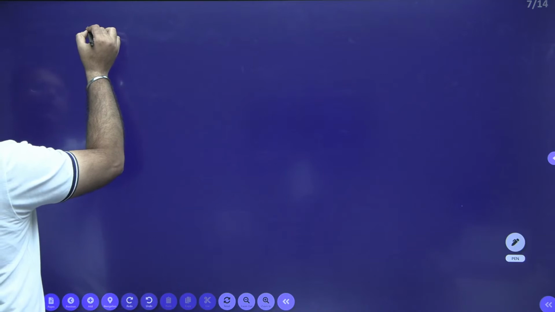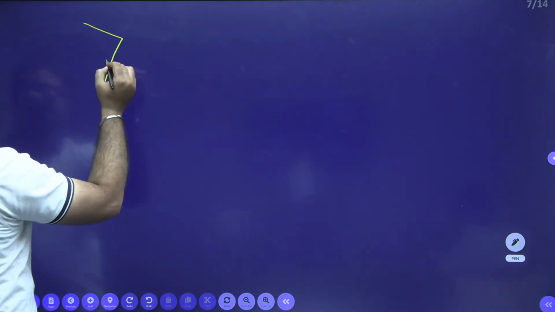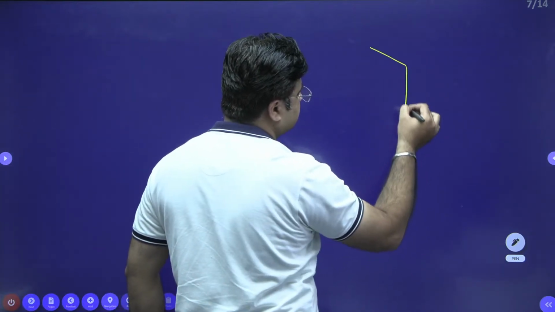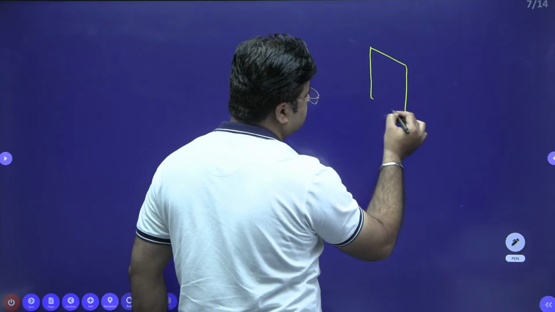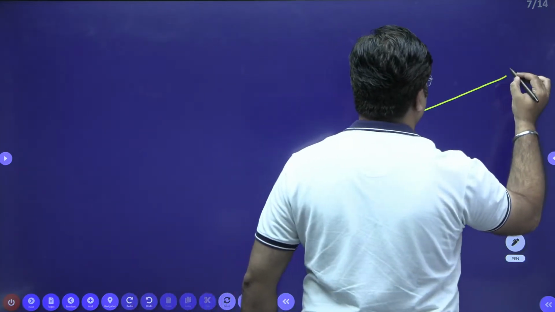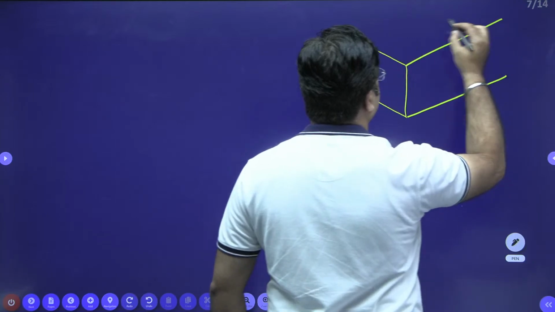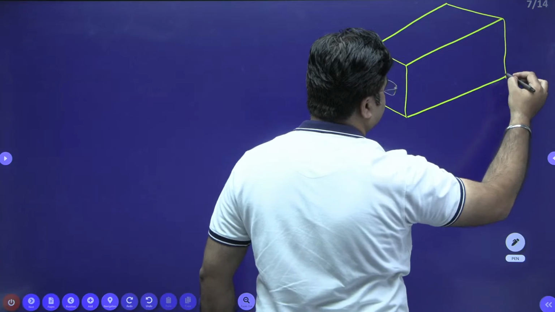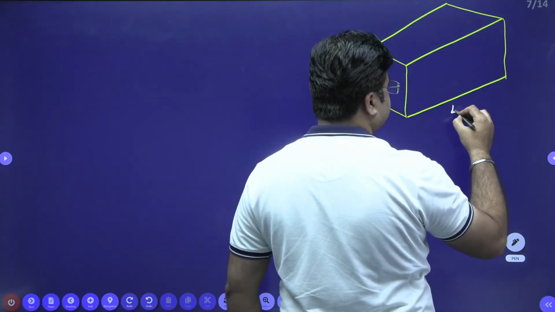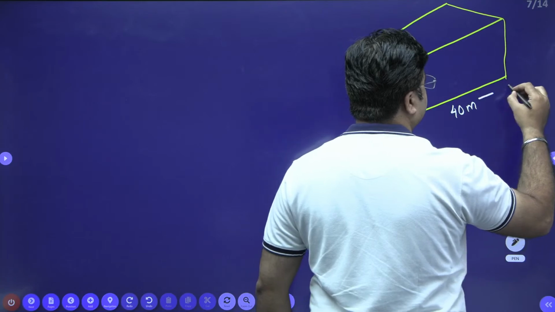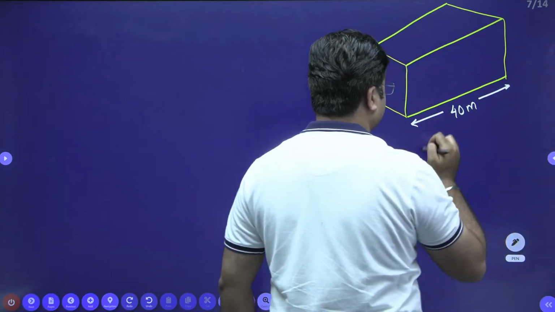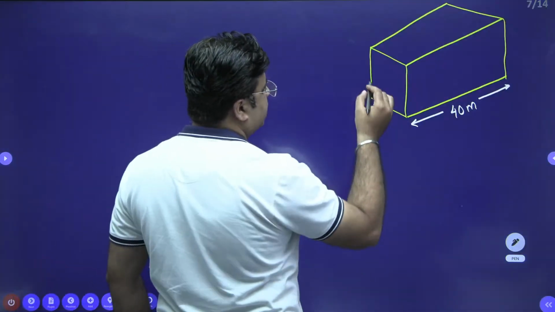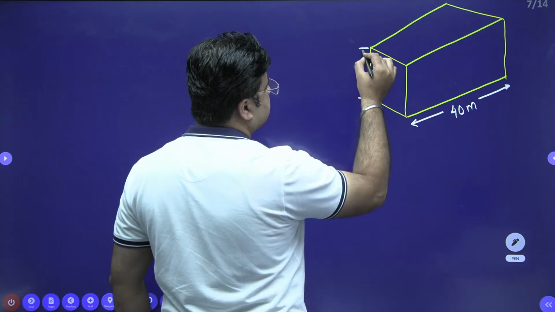So this is the tank given to us. I'll draw it here. This length is 40 meters. Depth is 3 meter and width is 5 meter.